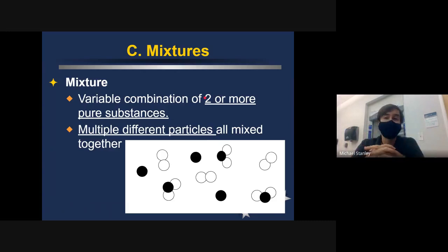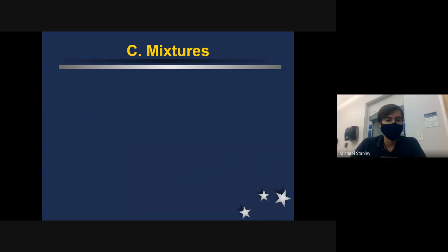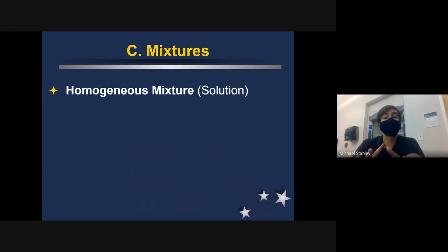So if we do have a mixture, then there are two different types of mixtures that a substance can fall into. The first one is called a homogeneous mixture, also sometimes called a solution.